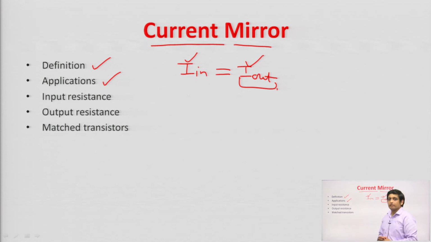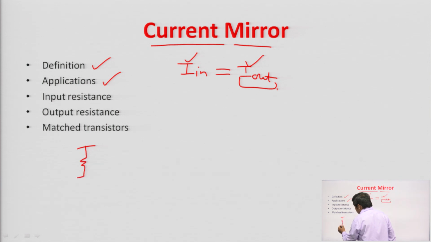So, this current mirror is not new to you. In unit 1, when I was discussing the biasing in BJT and MOSFET, there was a biasing technique, that is biasing using a constant current source. That circuit is biasing using a constant current source in BJT and MOSFET both. Let us take the example of MOSFET.